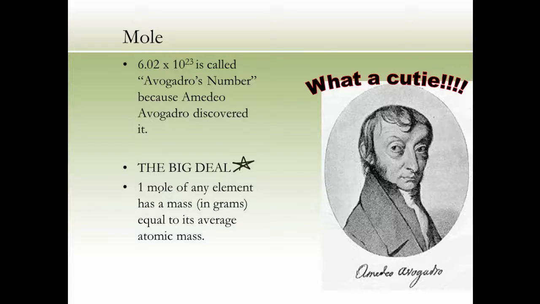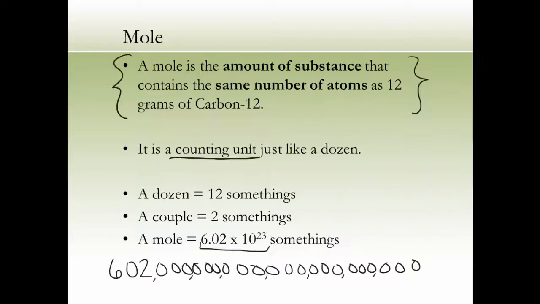What do we care about? One mole of any element has a mass in grams equal to its average atomic mass. If you go back and look at our definition, it tells us that it's the same number of atoms as 12 grams of carbon 12. So it's 12 grams, and that corresponds to the 12 AMUs of carbon 12. That's a certain number of atoms.